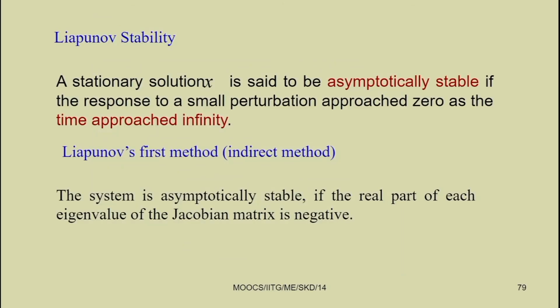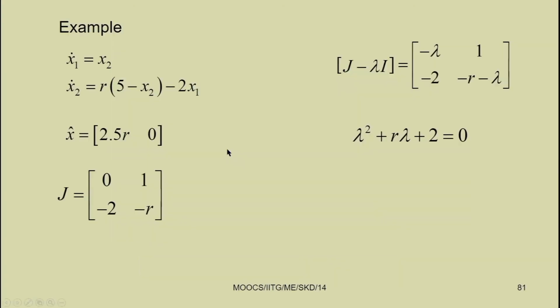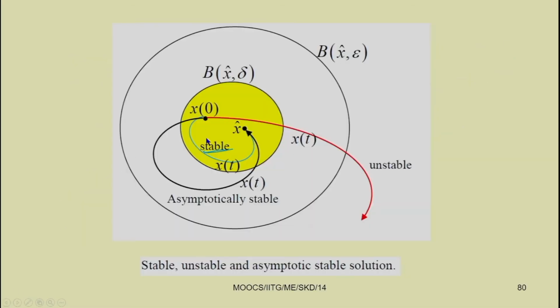So, let us see what we mean by Lyapunov stability. We are going to study three different types of things. One is a stable system. If the response becomes bounded, then we can tell the system to be stable. That is, it always stays inside a small value.